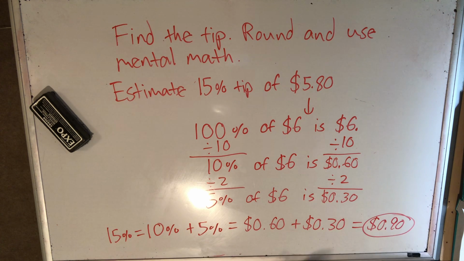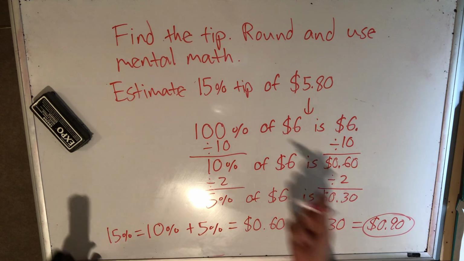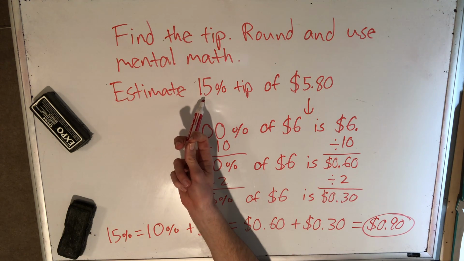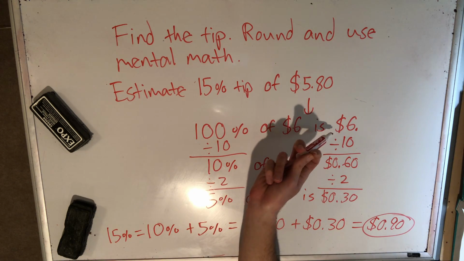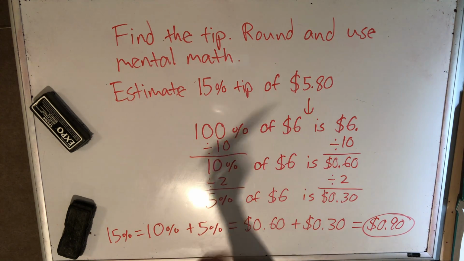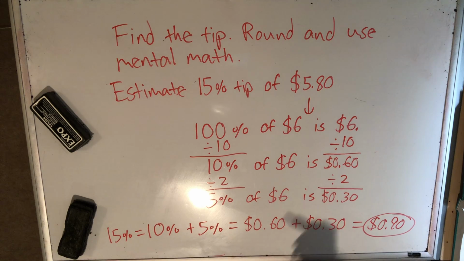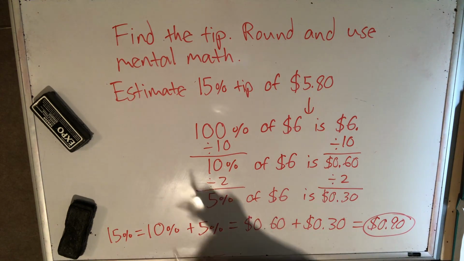So that is about how much tip should be given for a food and drink bill of $5.80. We could have also done 0.15 times $6 or 15 over 100 times $6, but this is a helpful way to be able to do it in your head once you get good at this method.